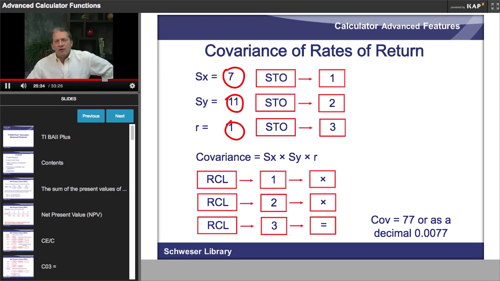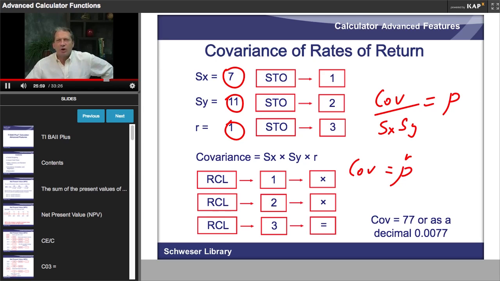Now, your calculator is not going to tell you the covariance, but the definition of correlation coefficient is covariance over the product of the standard deviations. That's the correlation coefficient. So in order to calculate the covariance from that, we'll use this correlation coefficient. Actually, it's in there as R times the 2 sample standard deviations.